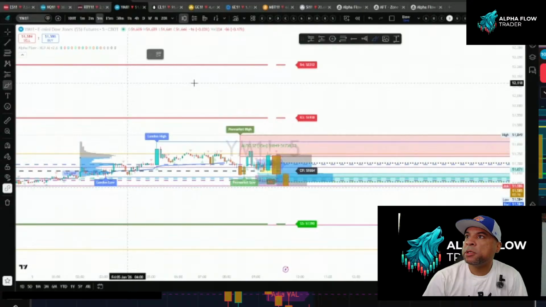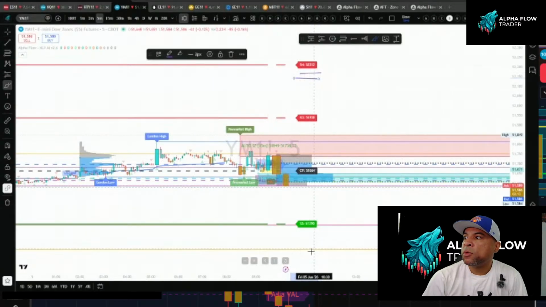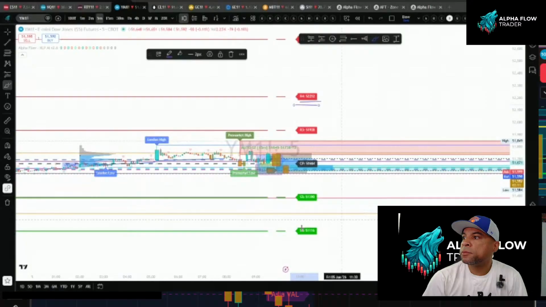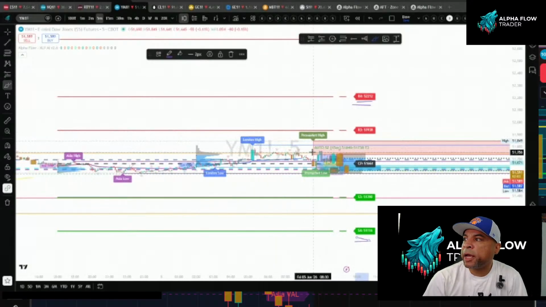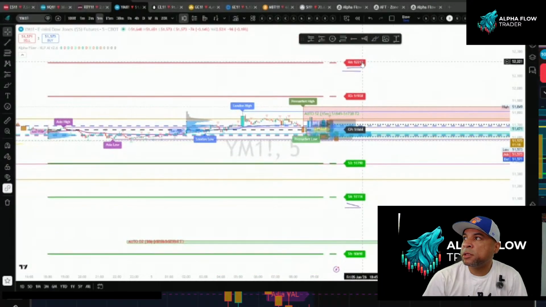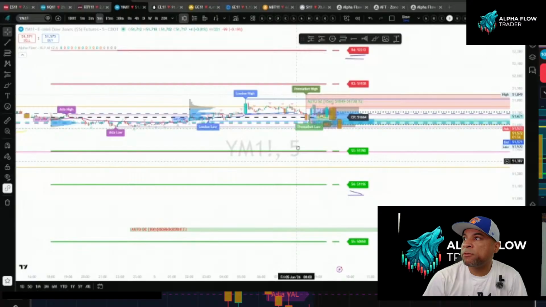So that would be these 4 levels. Right now, Dow's at central pivot, so it can pretty much go either way. So we'll just keep an eye on Dow and see if we can get to R4 and S4 and start looking for reversal.